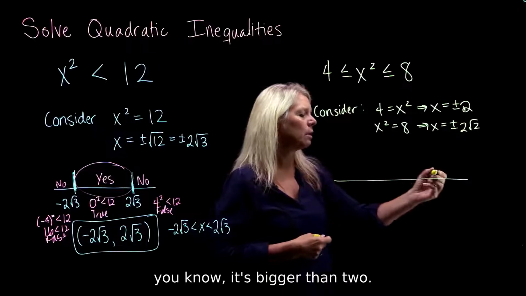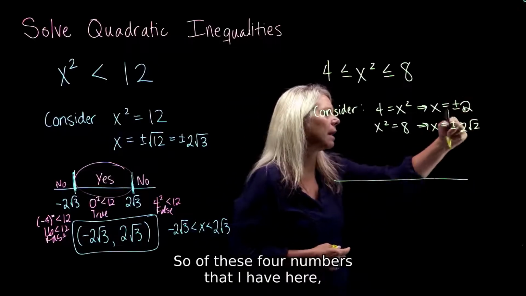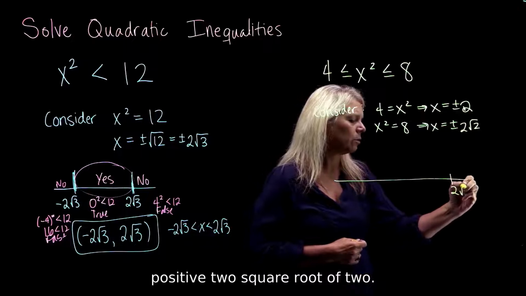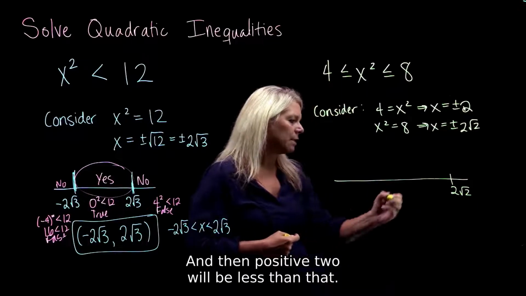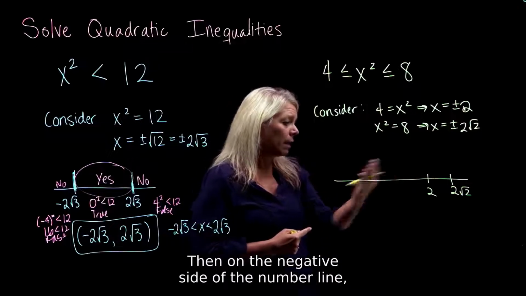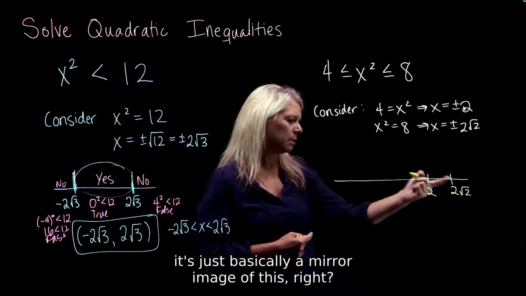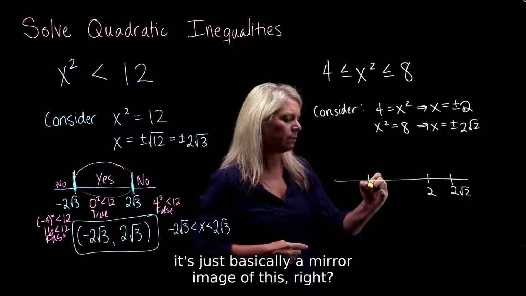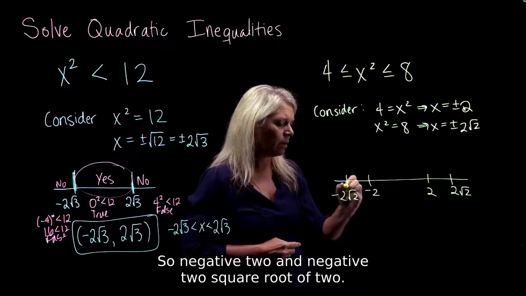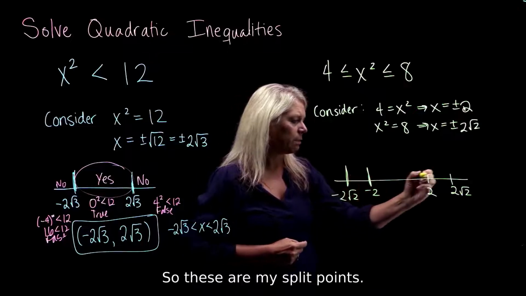You know it's bigger than 2. So of these 4 numbers that I have here, 2 square root of 2 is going to be the biggest one, positive 2 square root of 2. And then positive 2 will be less than that. And then on the negative side of the number line, it's basically a mirror image of this, right? So negative 2 and negative 2 square root of 2. Okay, so these are my split points.